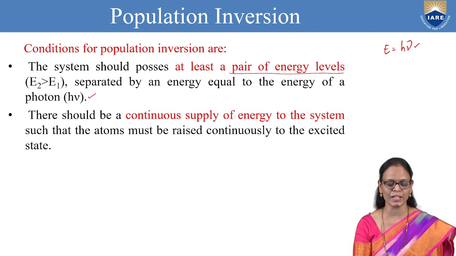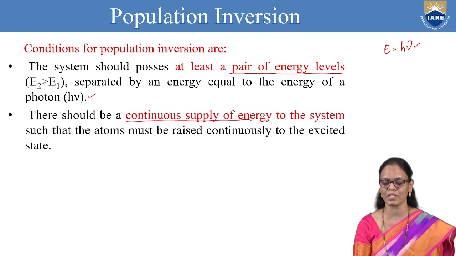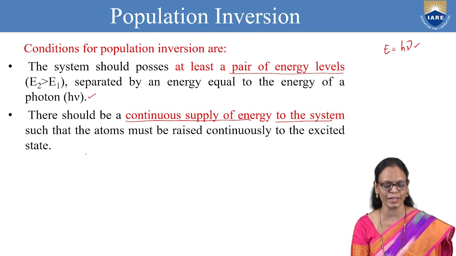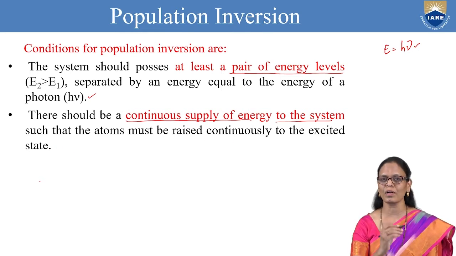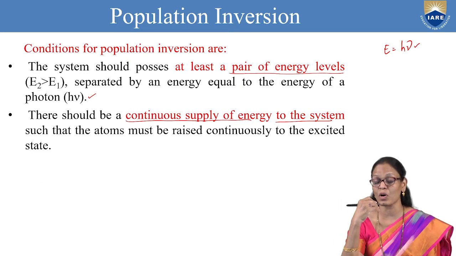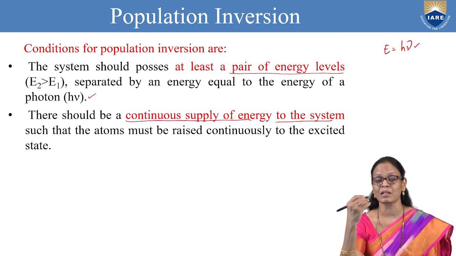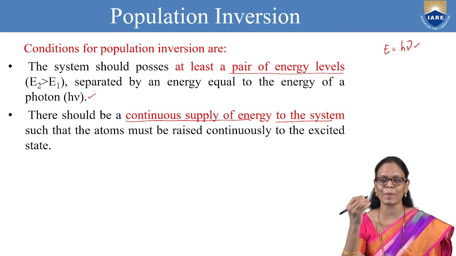The next condition is that there should be a continuous supply of energy to the system so that the atoms may be raised continuously to the excited state. In population inversion, we are pumping the atoms from the ground state to the excited state, so for pumping we need to supply energy.